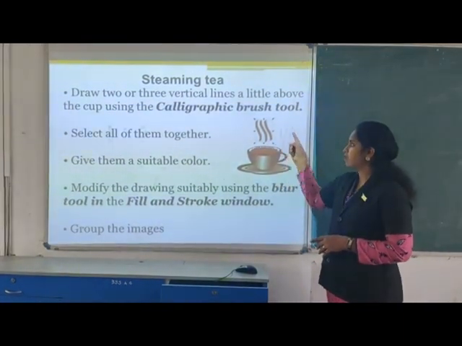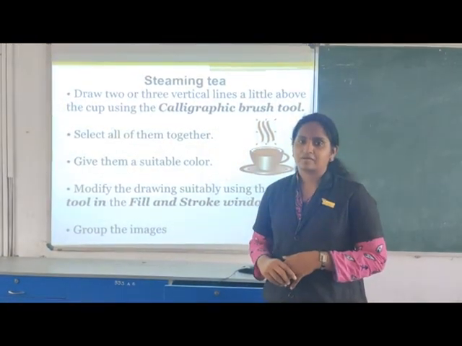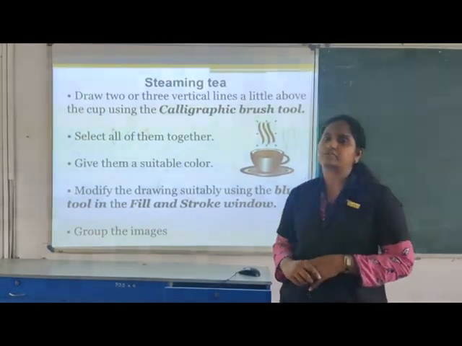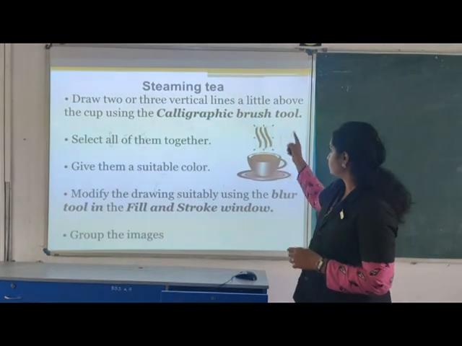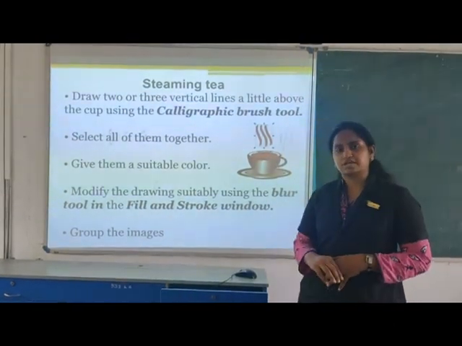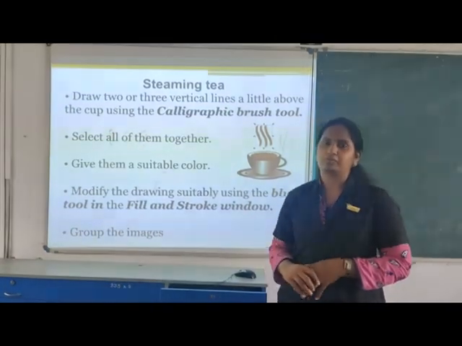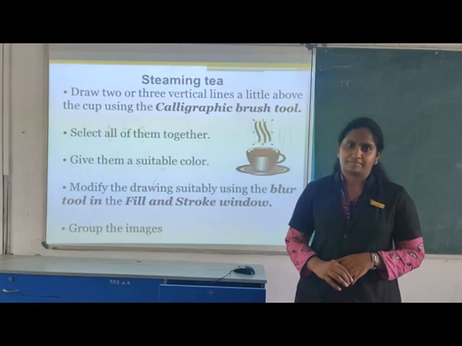And the next step is how to draw the steam in that particular cup. For that you can use the calligraphy tool or calligraphy brush tool in the toolbox and just draw in the shape of steam. Go to the option fill and stroke in the object menu and select the option blur.